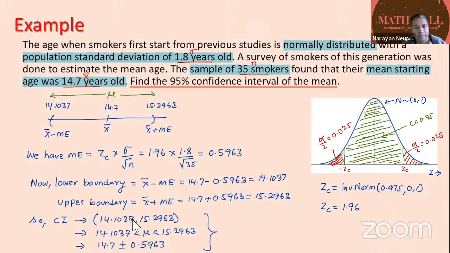And meaning of this confidence interval is, let's try to interpret this because we are doing this for the first time. So we can say that with 95% confidence, make sure you write this down.